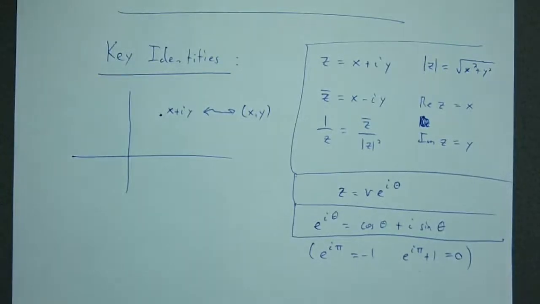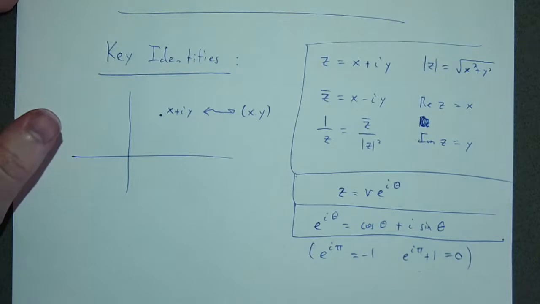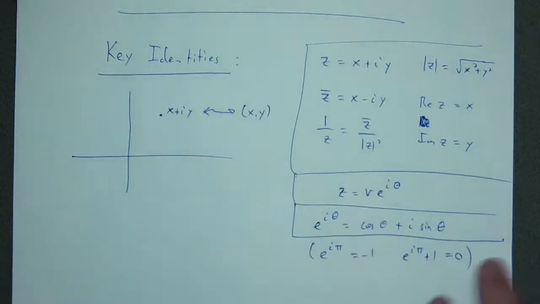And so, maybe I should say, what does this have to do with all the key identity stuff that I want to do? Well, you'll see that in actually finishing these problems, I'm going to need to do a bunch of complex algebra to actually make this stuff work out. Even though the resulting solutions are going to be nothing but real valued, they still have to pass through this.